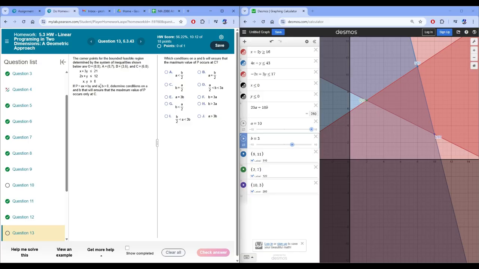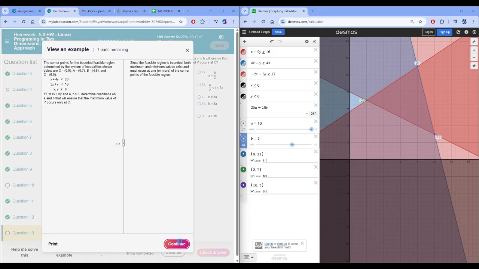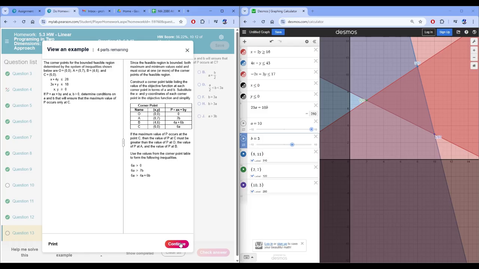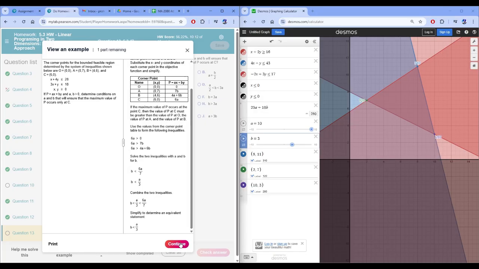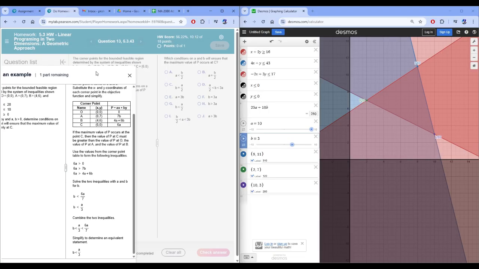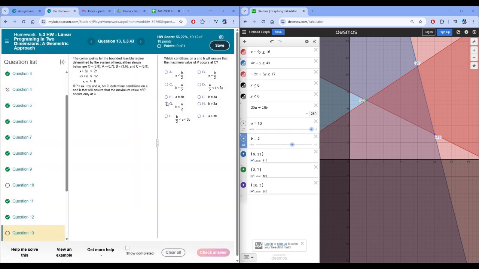Right, so there's my equation. Let's see what the viewing example says. What are the coordinates of A that will secure the maximum value of P occurs at C? Wait, what? What does this look like? So is that just like here?